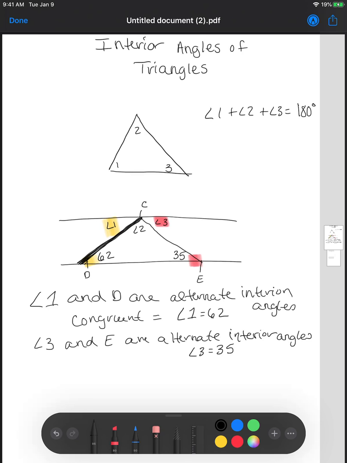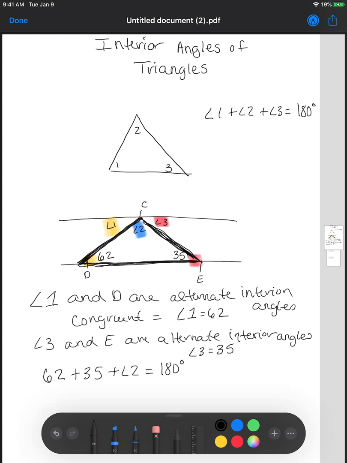Angle 2 sits out by itself kind of because it's part of this. So we know that all of the angles inside this triangle, let me highlight it just so you can see the triangle, equal 180. So we have 62 and we have 35, and then we have angle 2, and they all equal 180 degrees.